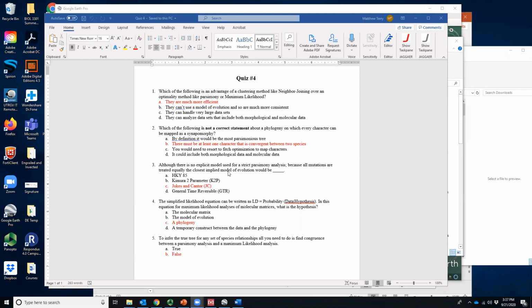I was a little confused, probably on the wording of that, because I remember hearing something in the videos about if we do find congruence between the parsimony and the maximum likelihood, that would be a little bit more affirmation that it would be the true tree. Yeah, you'd have a little bit better chance of it.